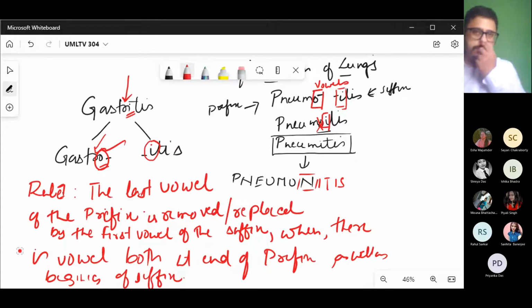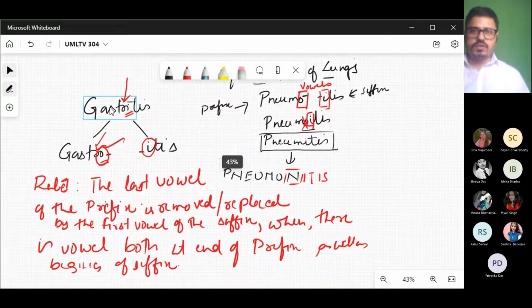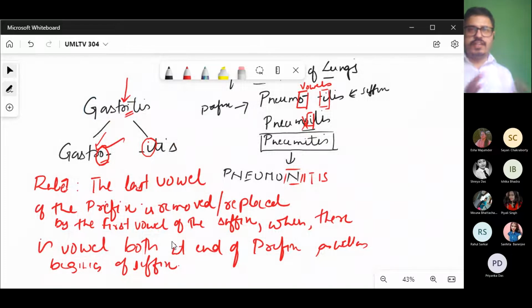Now read this that I have written. You can even write this in your exercise book, and find out how this rule is getting applied in the term gastritis. First find that out, then we will come to the extension, that is pneumonitis. First, master this rule.